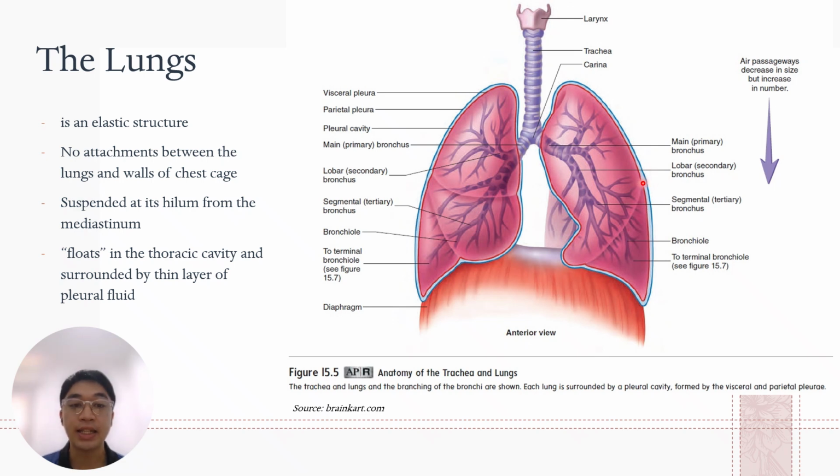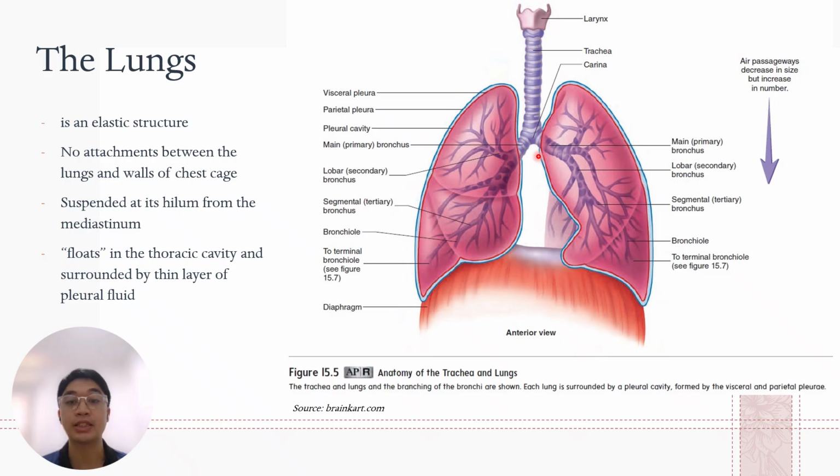When I say hilum, take a look at the figure here that is pointed here. In the middle portion here, where your left bronchus will project towards the left lung, that is where the hilum is underneath it. So the lungs are suspended at its hilum from the mediastinum.